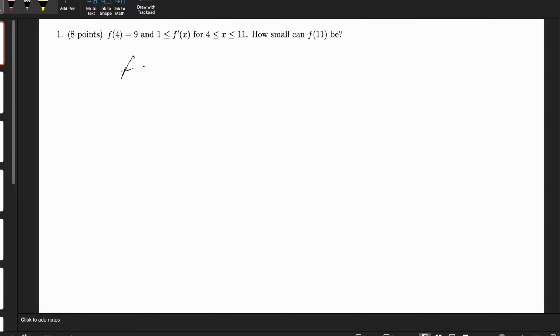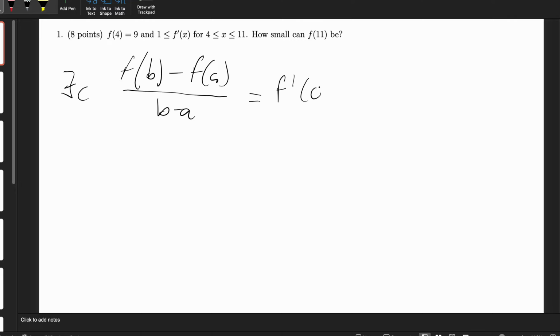f of b minus f of a all over b minus a. There exists some c in this range from a to b such that f of b minus f of a all over b minus a is equal to f prime of c.